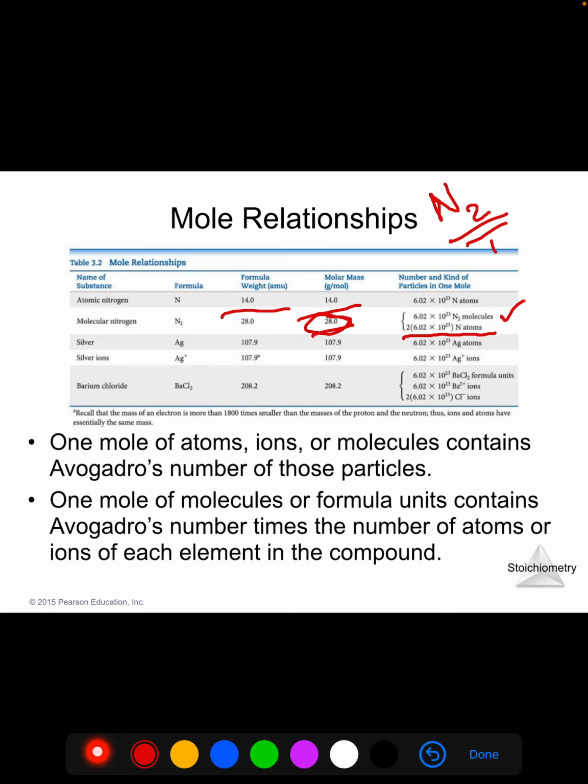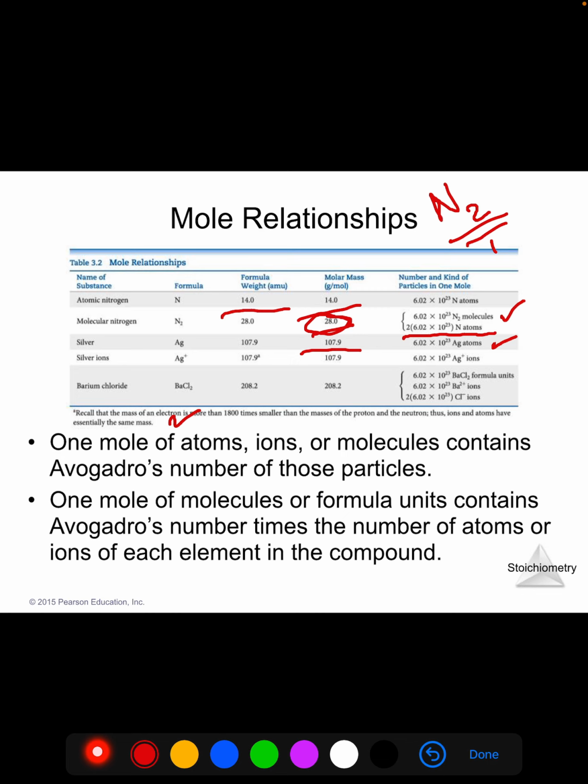I'm going to go through this table only because I want to make one more point. It's present in the footnote, but if I have silver and I look at the periodic table and the average atomic mass of silver is 107.9 grams per mole, that means if I have a mole of silver, and I would love to have a mole of silver, it would weigh 107.9 grams. It would be 6.02 times 10 to the 23rd silver atoms, but I would have 100 grams or about a quarter pound of silver.